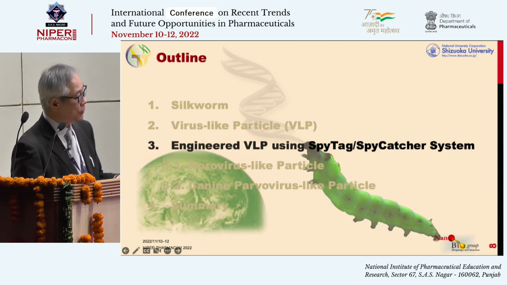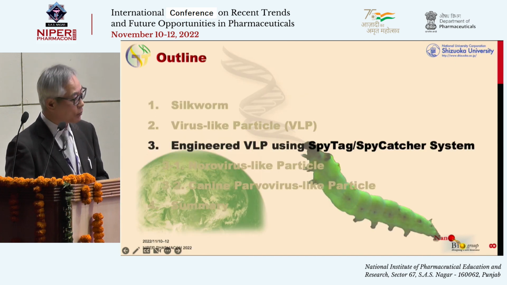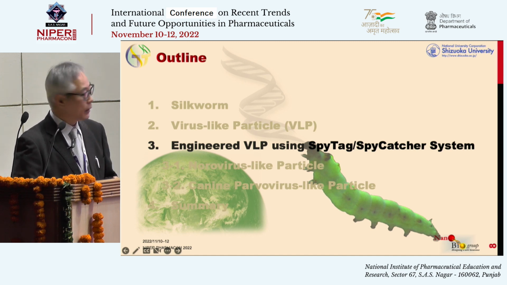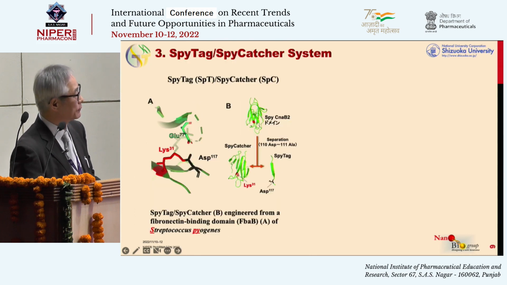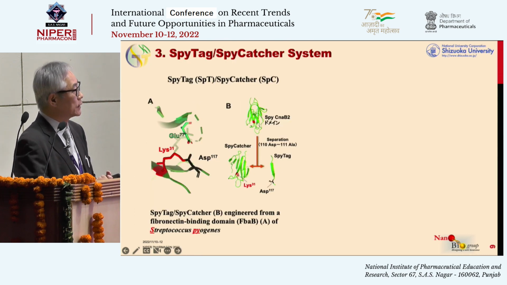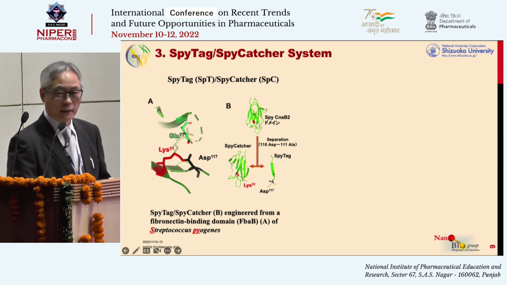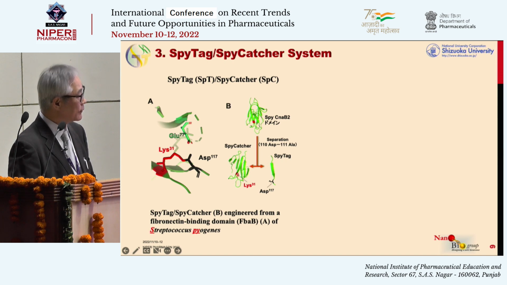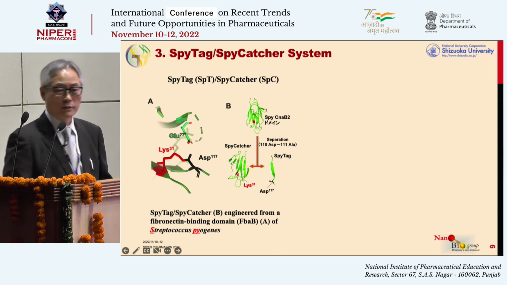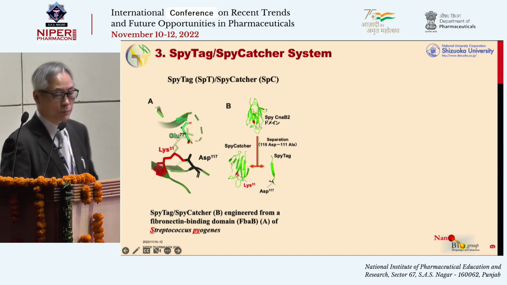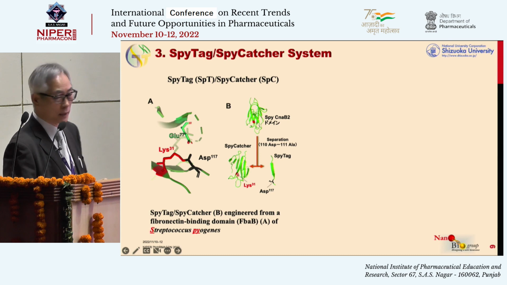Therefore, to solve this kind of problem, we adopt the SpyTag and SpyCatcher system to engineer the VLP. The SpyTag/SpyCatcher system is a protein engineered from fibronectin binding protein from Streptococcus pyogenes. S stands for Streptococcus, py for pyogenes. We call it the SpyTag/SpyCatcher system.